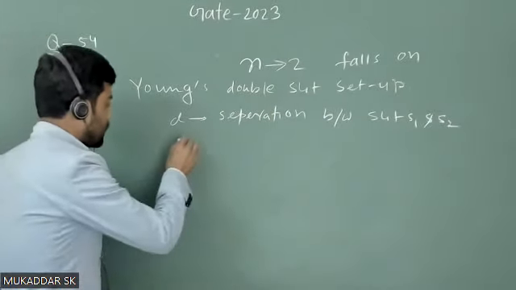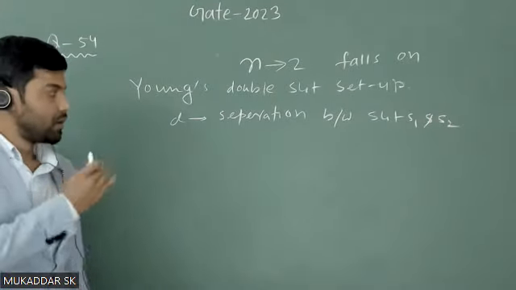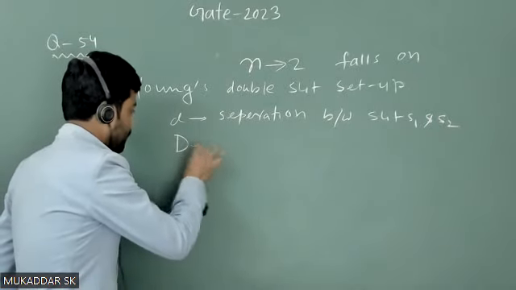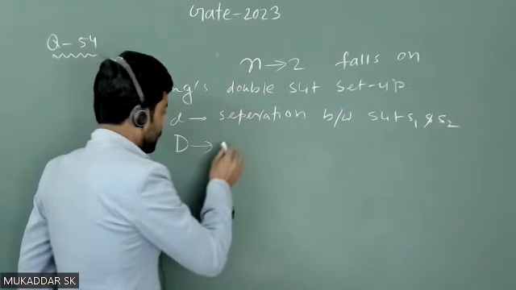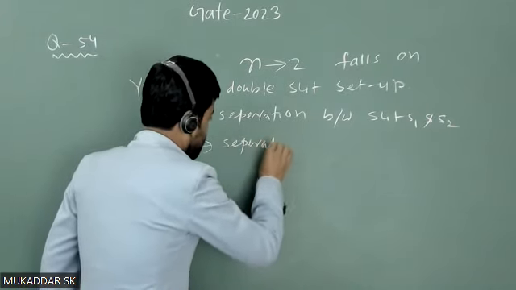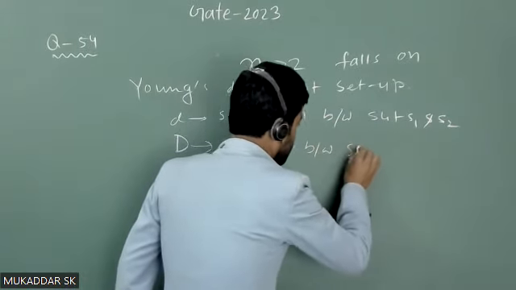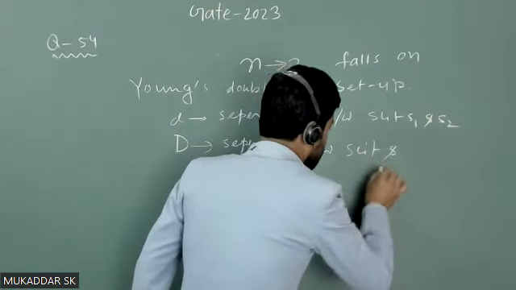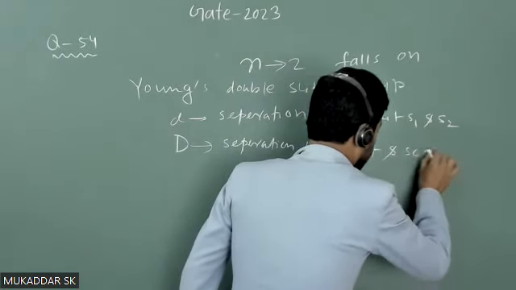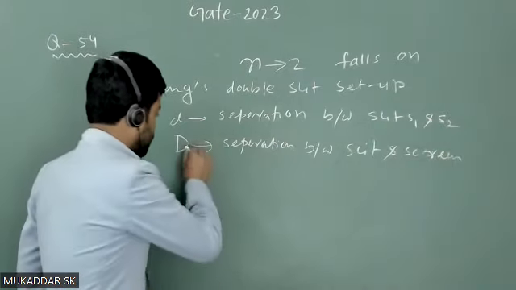And they said that the separation between screen and slit is constant. So if I take the symbol D, that represents the separation between slit and screen, and it is mentioned that it is fixed.